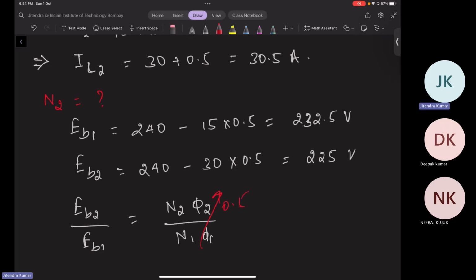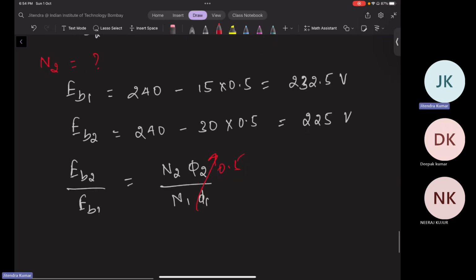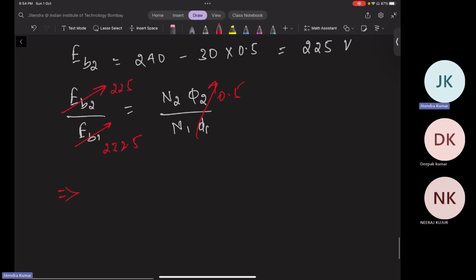N2 by N1 we have to find out, right? EB2 is 225, EB1 is 232.5. So N2 by N1 is equal to 2 times 225 by 232.5. So it will give you something like 580.6 RPM.